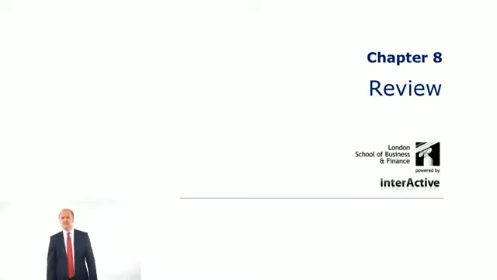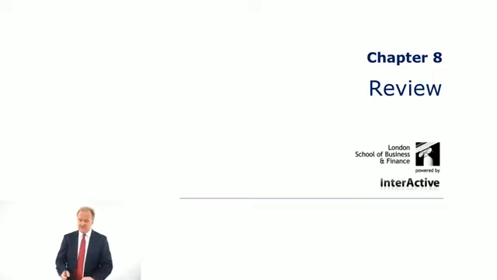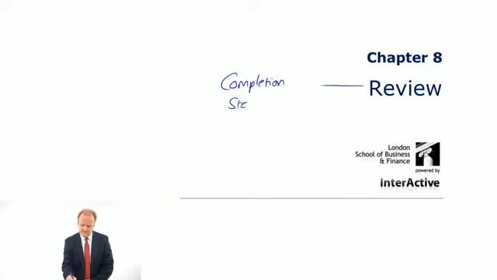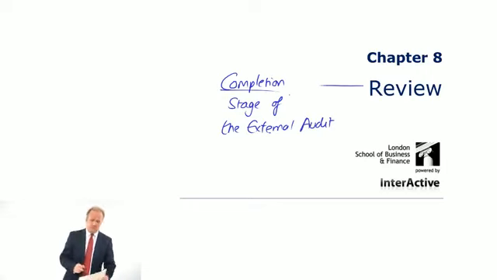And we have hit chapter number 8. Now I have titled this chapter Review. I like to keep chapter headings nice and short. What we are looking at here is the final few things we do before we sign the audit report, often referred to as the completion stage.